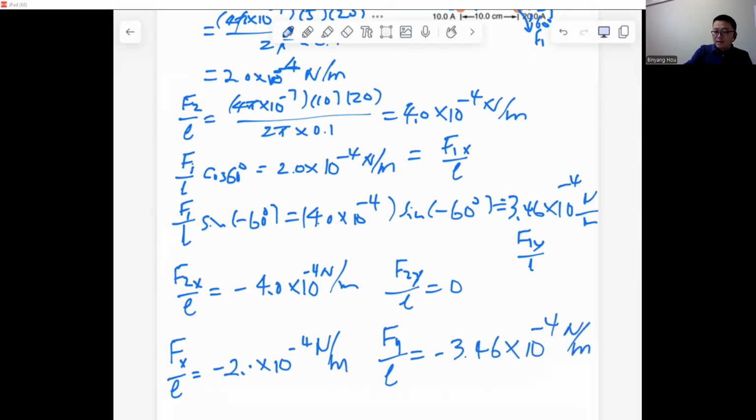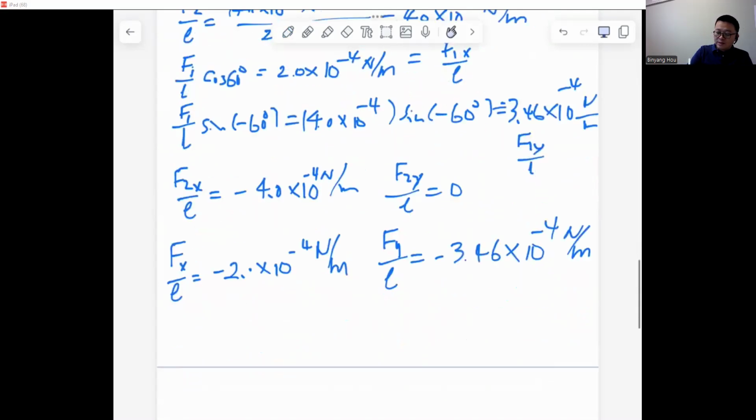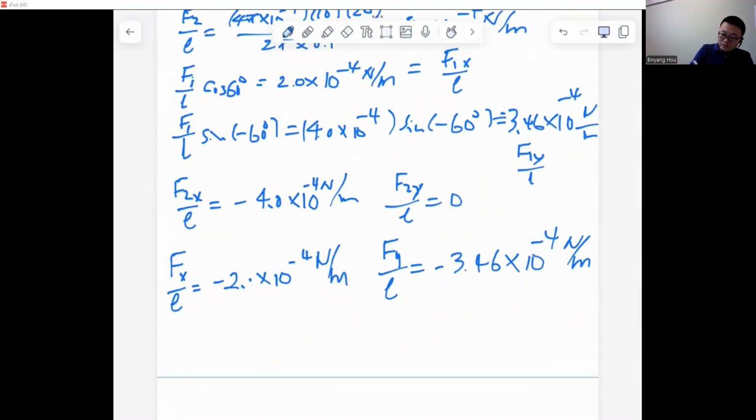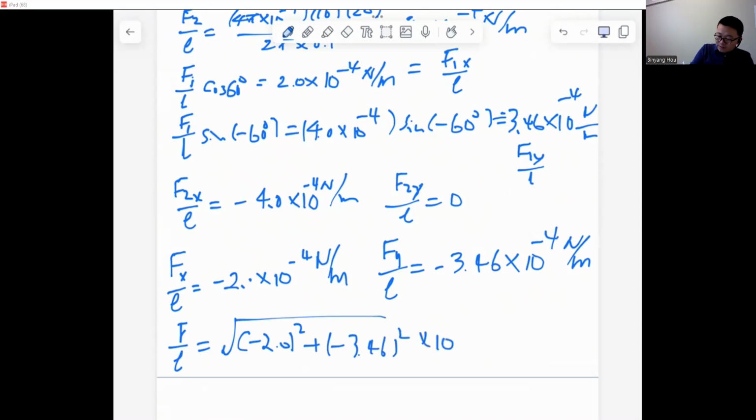And for the total, we'll do x squared plus y squared. So F total per unit length should be the square root of minus 2 squared plus negative 3.46 squared, total together times 10 to the minus 4.